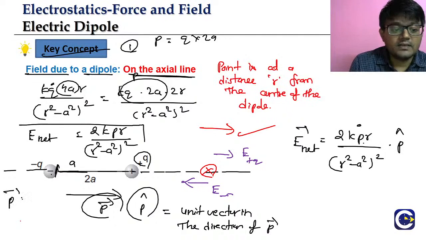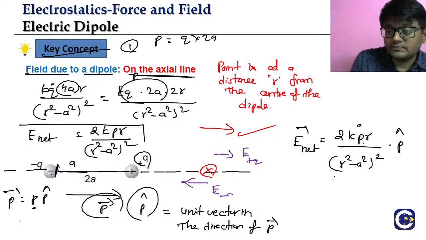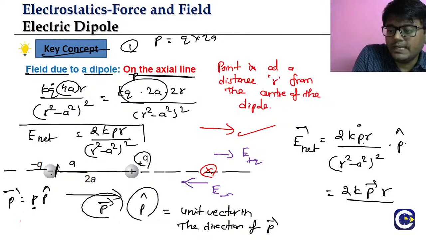Any vector like p bar is equal to what? Vector magnitude multiplied by unit vector in the direction. So p into p cap we can write as p bar. Instead of p into p cap, we can represent it as p bar: 2k p bar r by r square minus a square the whole square.